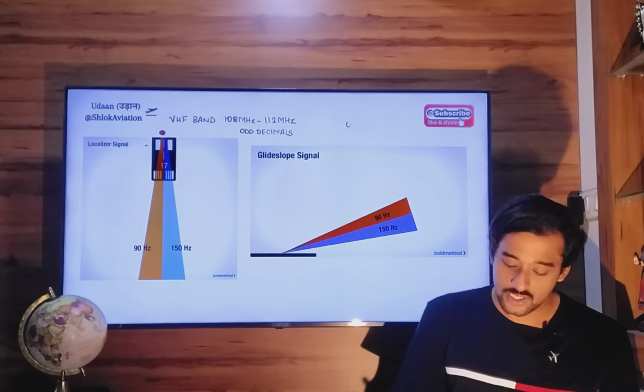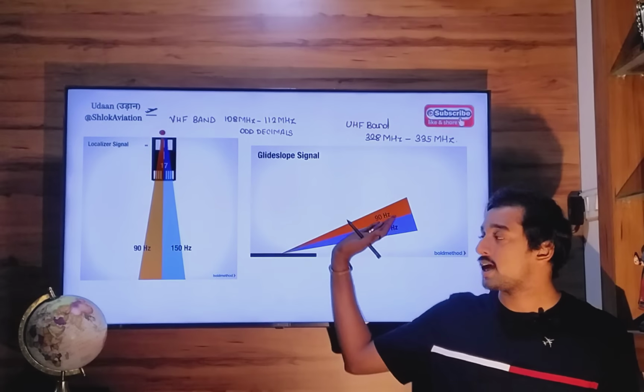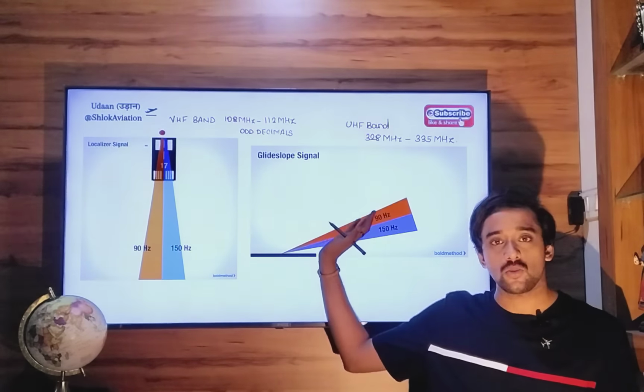These glide slope signals are also amplitude modulated such that the 90 hertz signal is above the 150 hertz signal.